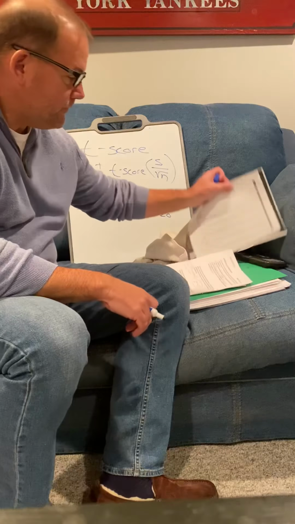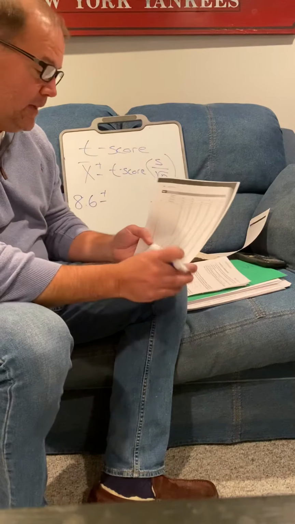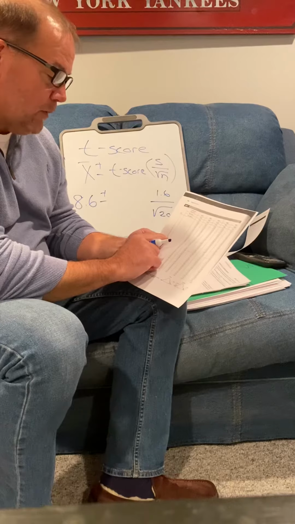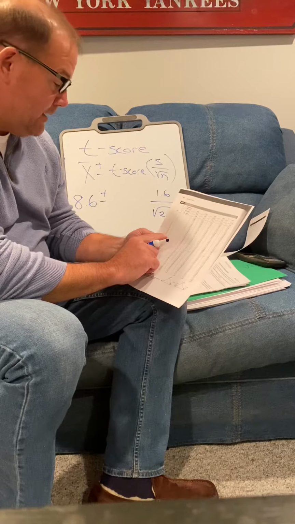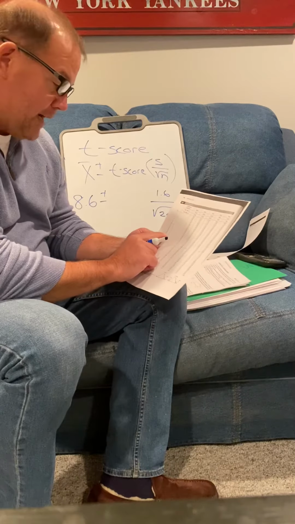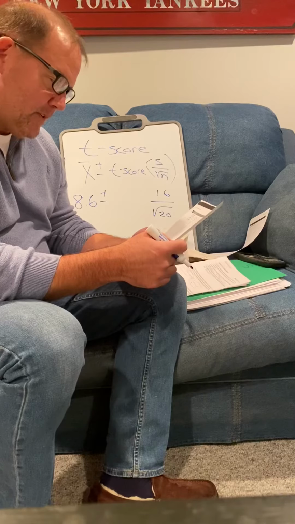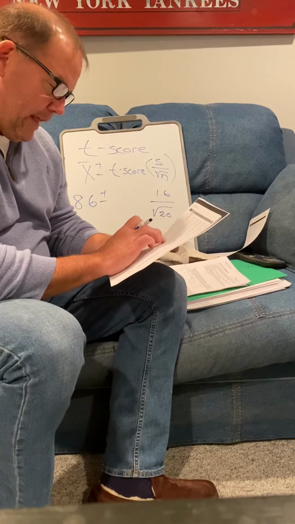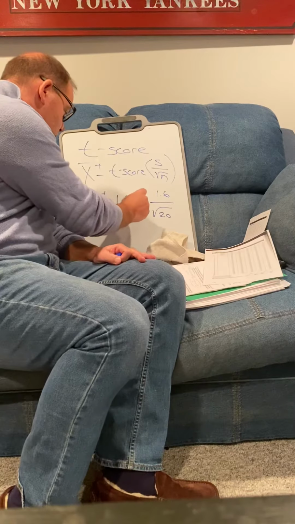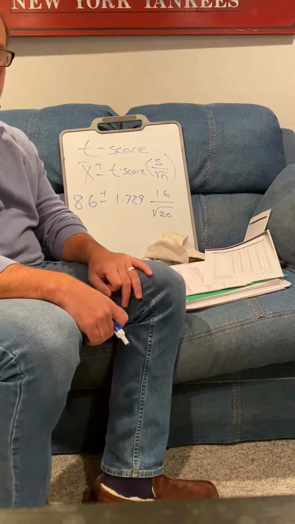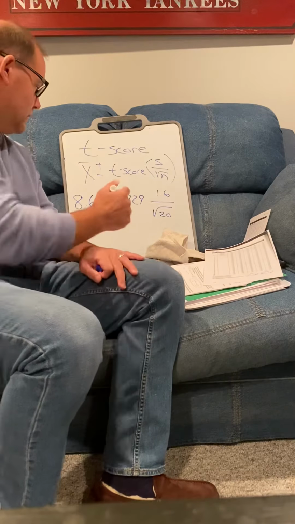So again, if you pull out your t-score table, degree of freedom of 20 means we're going to use 19. And if we go across to a 90% confidence interval, that value is going to be 1.729, which is a little bit more than our 1.65 that we normally use.